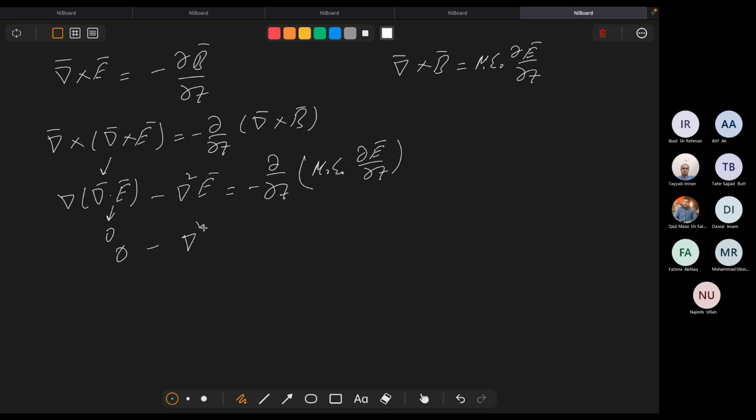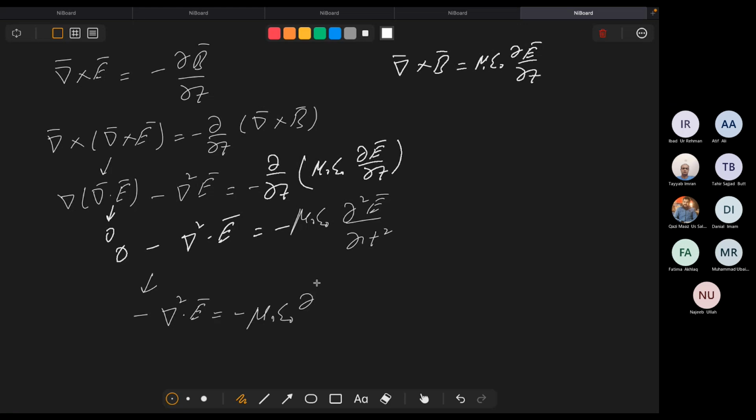So 0 curly del square is equal to minus curly over curly T, and that is basically curly square over curly T square, ठीक है. And further it can be written like so.